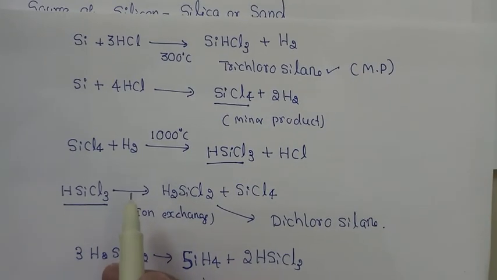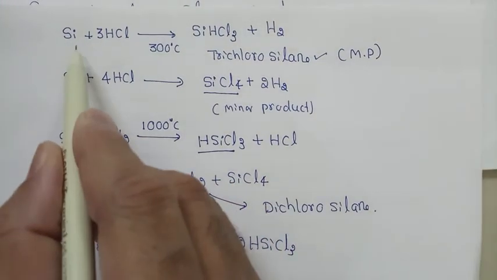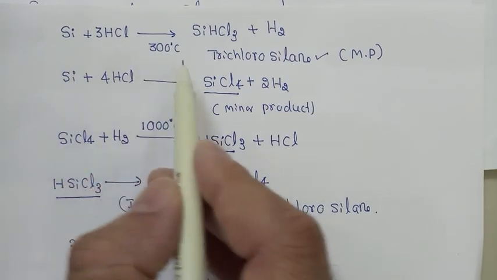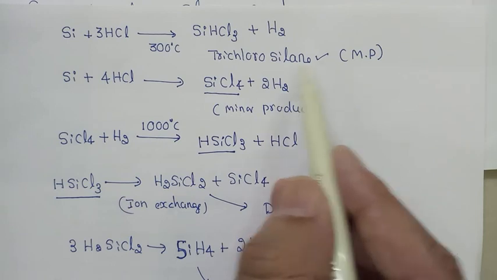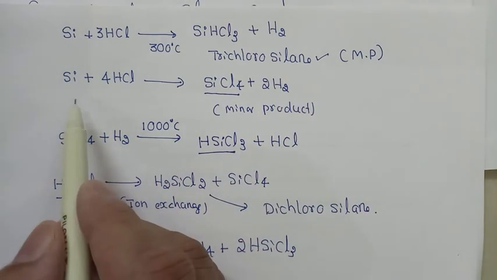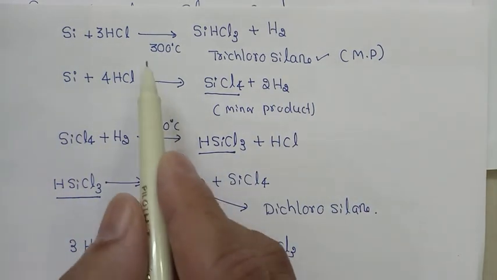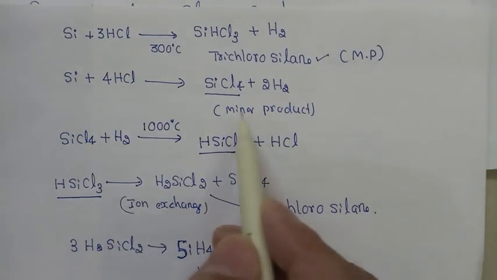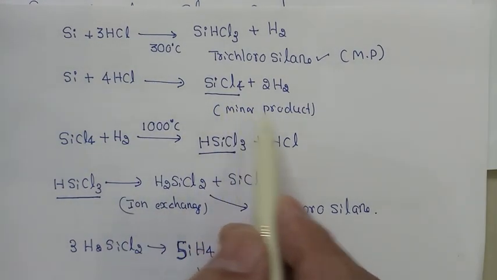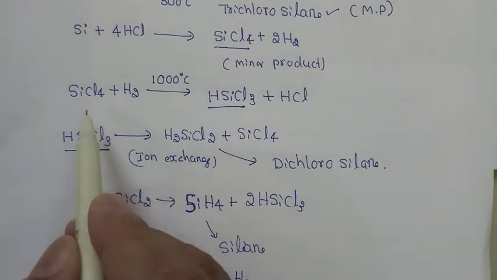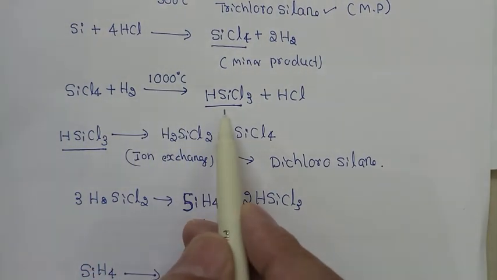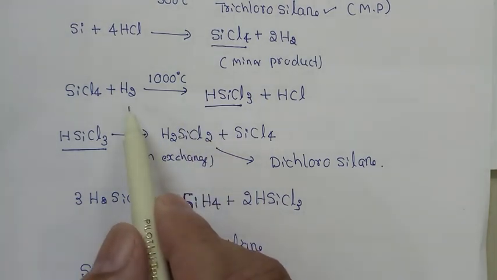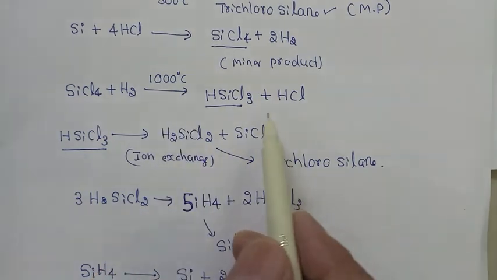The reaction involved is silicon with hydrogen chloride gas at 300 degrees Celsius to get trichlorosilane. This is the major product, and the minor product is silicon tetrachloride. This tetrachloride can be converted into the major product trichlorosilane by reduction with hydrogen at high temperature.